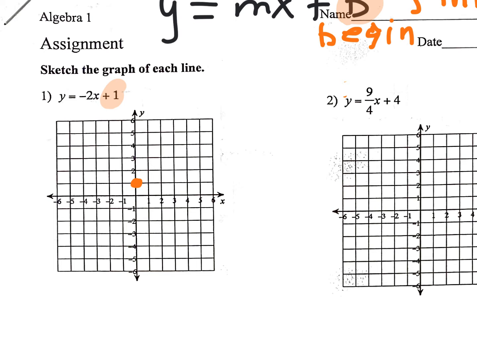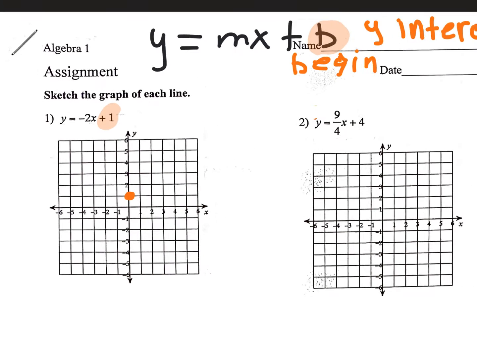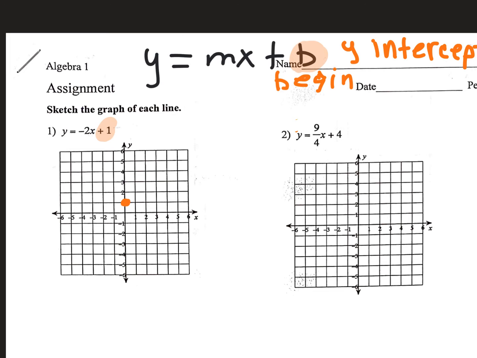So everybody needs to put a dot, please, at +1. This is where you're going to begin always, well, 99% of the time.